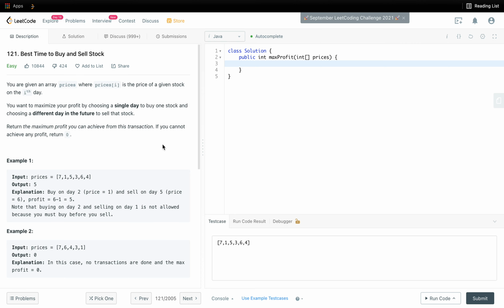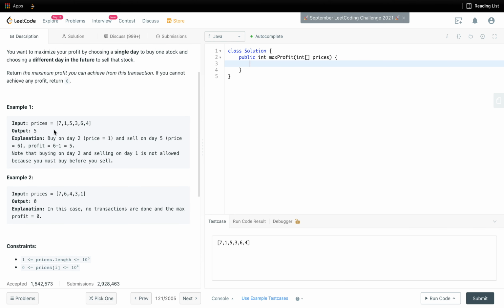Since this is stock and we have prices of different days, it means that the order matters. We can only buy in the past and sell in the future. Another way to say it is we can buy somewhere here and we have to sell somewhere here.